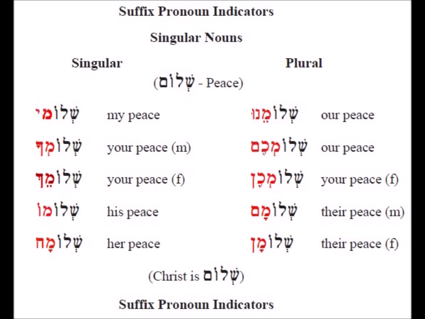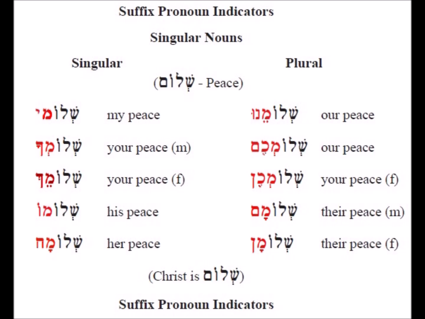Shalomkha would be your peace. Shalomekh would be your feminine peace, the former being masculine. Shalomo would be his peace. Shalomah would be her peace. Shalomenu would be our peace.